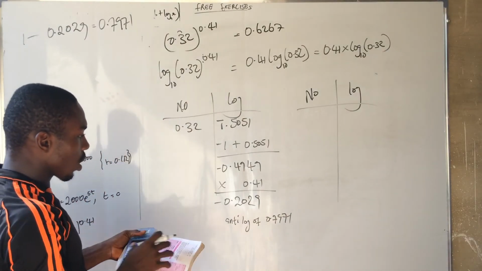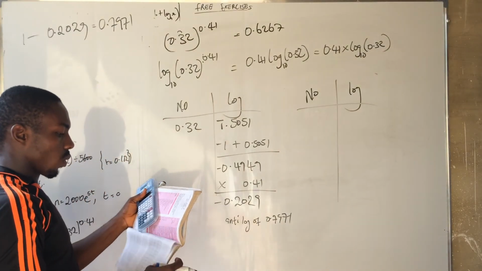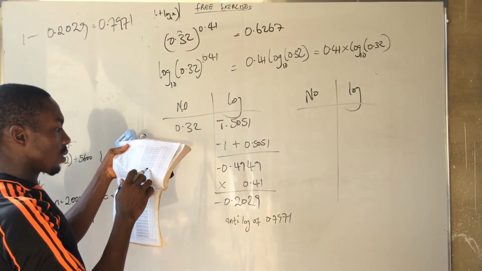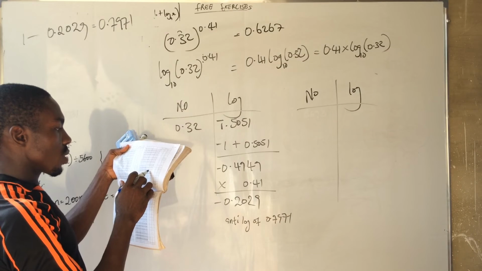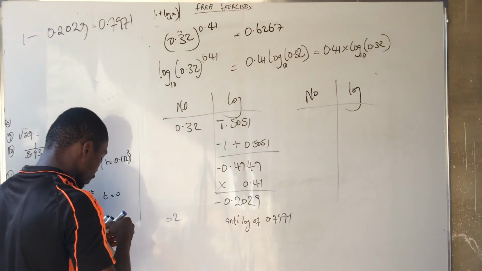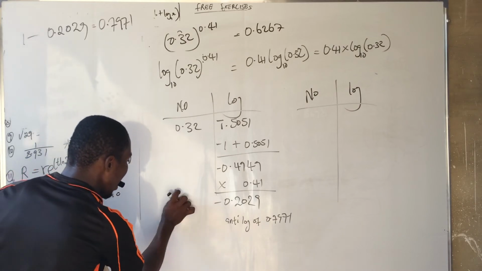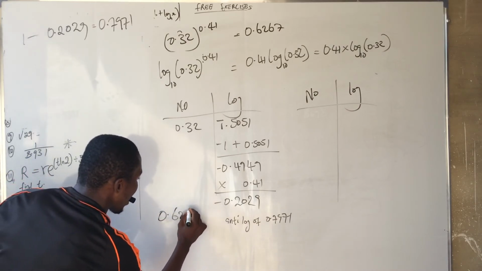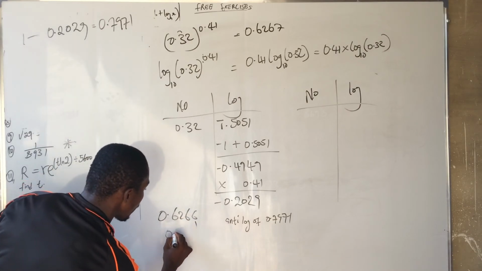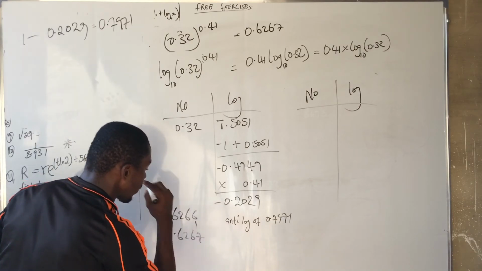So I'll now say antilog of 79 under 7, difference 1. Antilog of 79 under 7 is 6266, difference 1 is 1. So we have 0.6267.